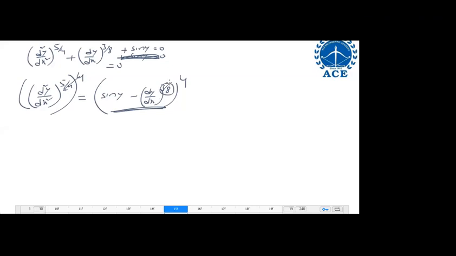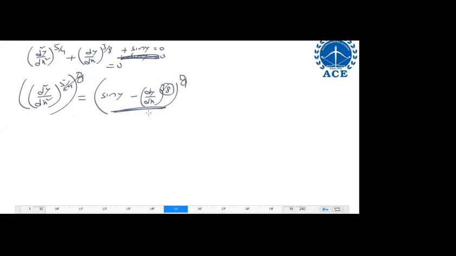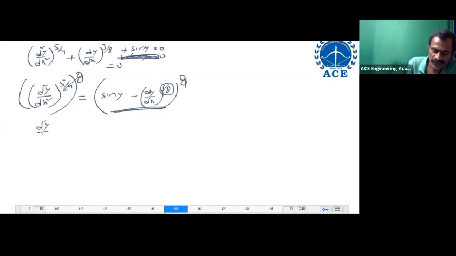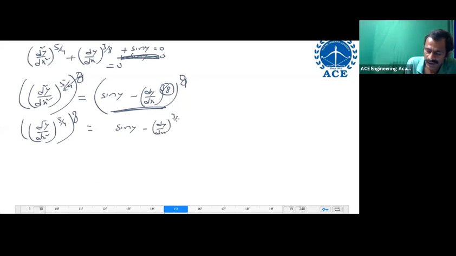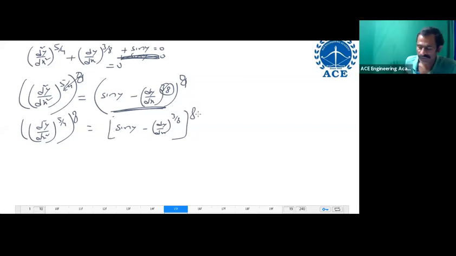If we take the whole power 8 on both sides, then the powers will be integers, no, sir? (d²y/dx²)^(5/4) whole power 8 equals sin y minus (dy/dx)^(3/8), whole power 8.